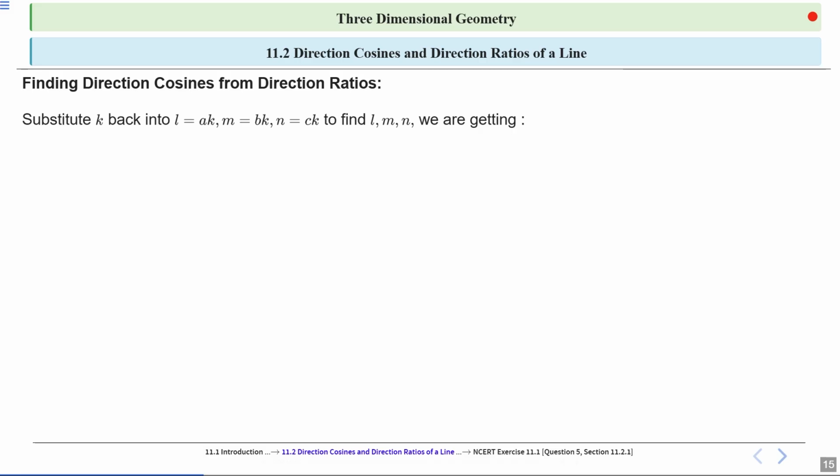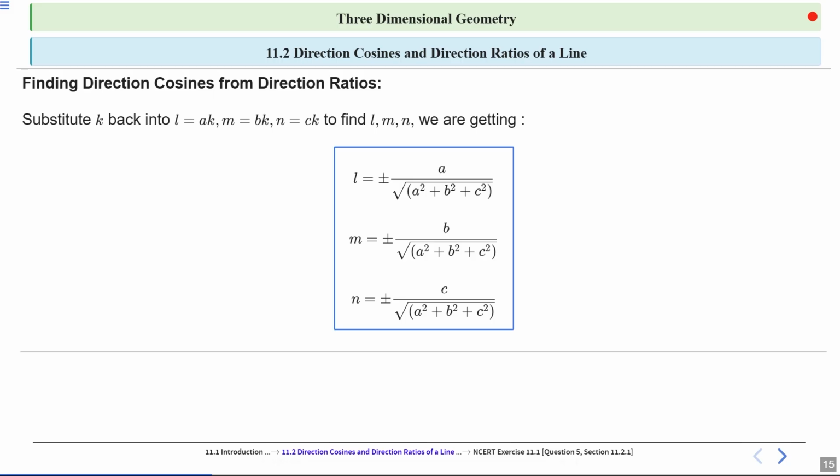Now let's substitute the value of K back into our expressions for L, M, and N. Remember, L, M, N are the direction cosines, and we have L equals A times K, M equals B times K, and N equals C times K. So we are now substituting K back to find L, M, N. So we are getting here L equals plus minus A divided by square root of A square plus B square plus C square.